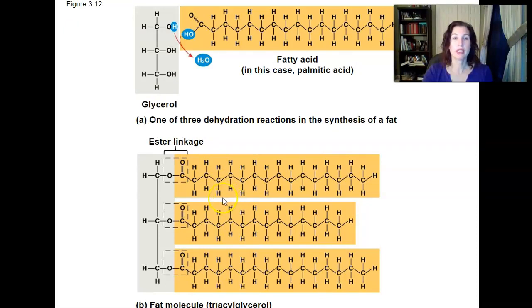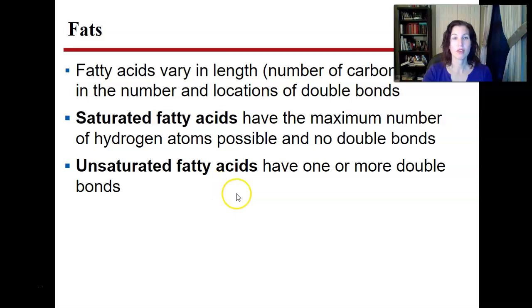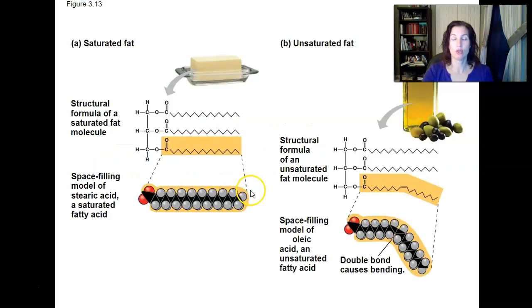And then when we look at it, here is the glycerol, and then here is the fatty acid tail. You can see again how many carbons and hydrogens there are and just a few oxygens in here. The difference between the different types of fats: saturated fatty acids have no double bonds, and unsaturated fatty acids do have a double bond.